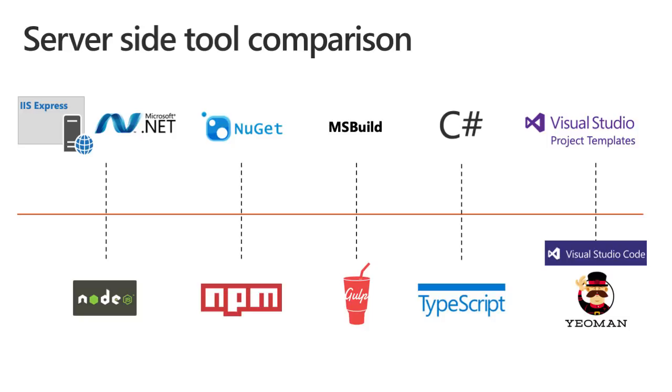Speaking of TypeScript, that's the language that we're going to be working with. TypeScript is a superset of JavaScript with a lot of extra stuff in it to make JavaScript development a little bit easier. If you are not familiar with JavaScript or TypeScript, think of it as a C-sharpish kind of flavor of JavaScript.